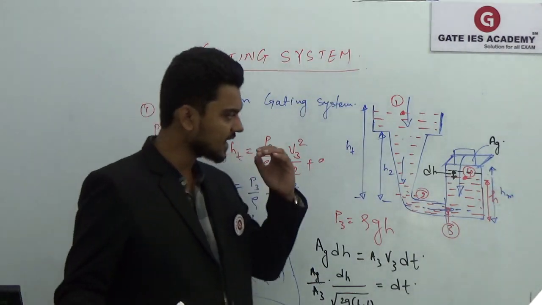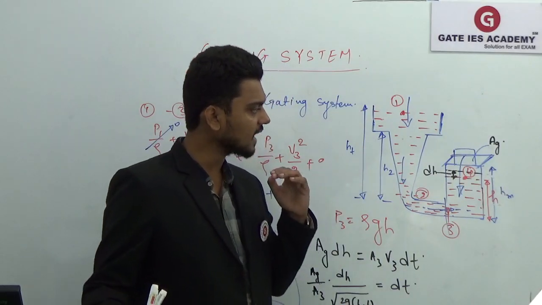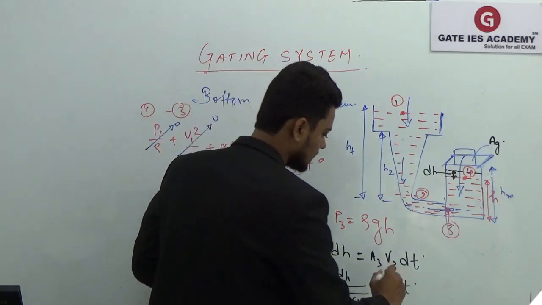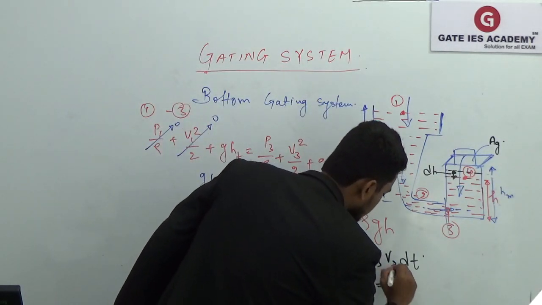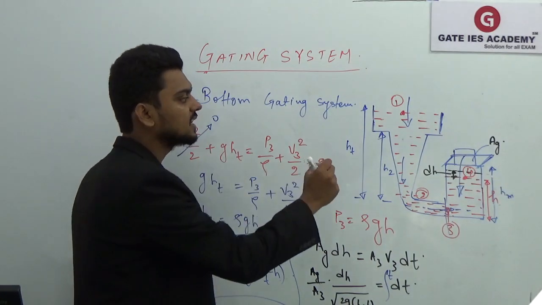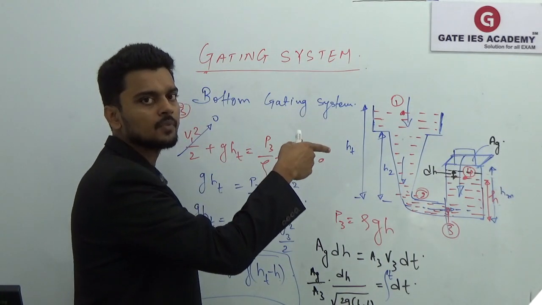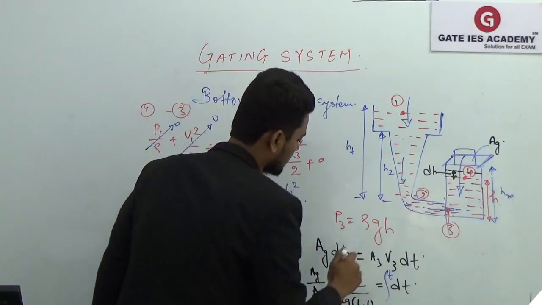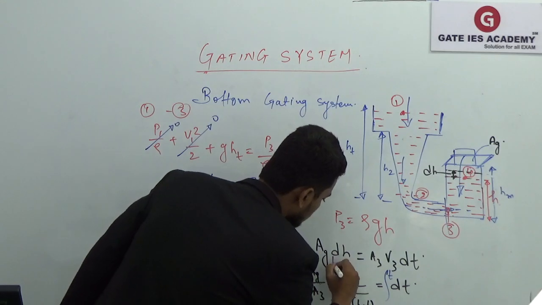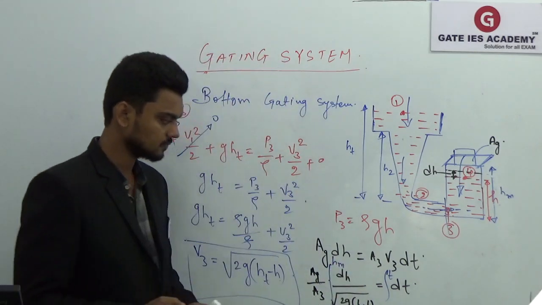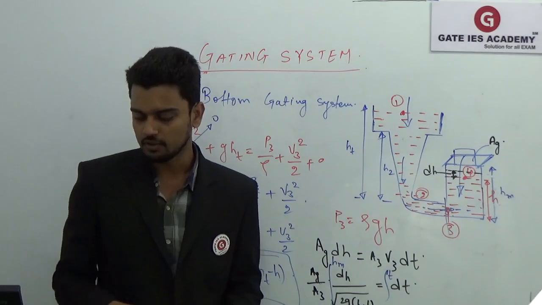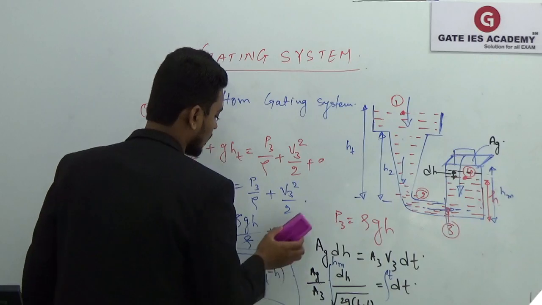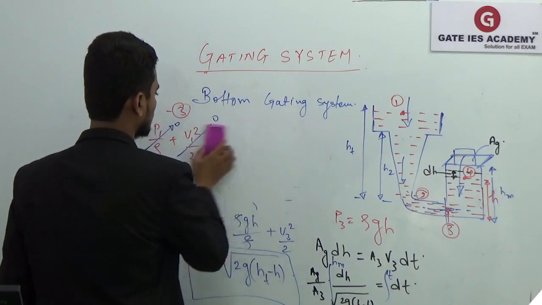Say it takes time t to fill the cavity of height hm. So we'll integrate from 0 to t, where t is the time taken to fill the mold cavity of height 0 to hm by this bottom gating system. That will give the expression for the pouring time.